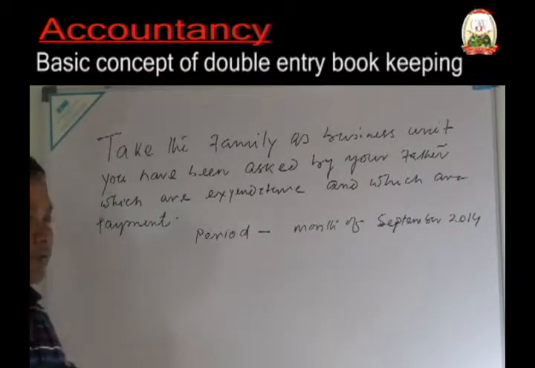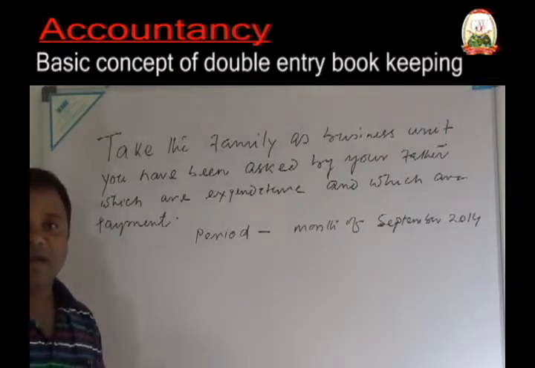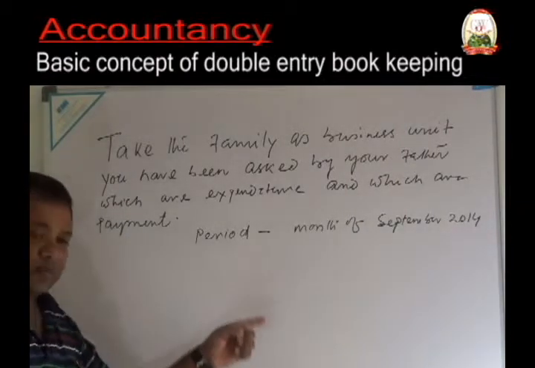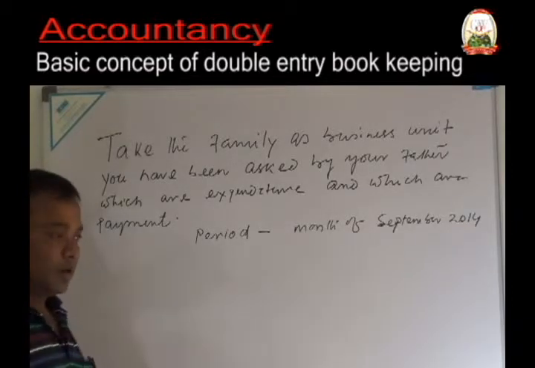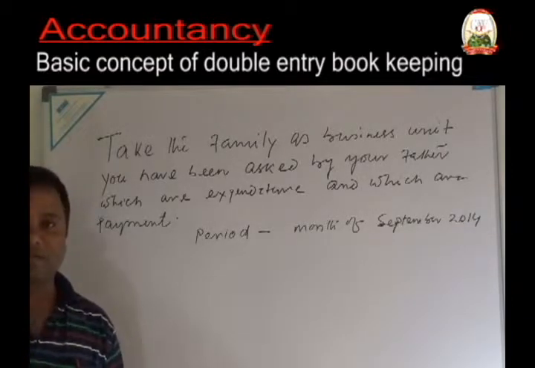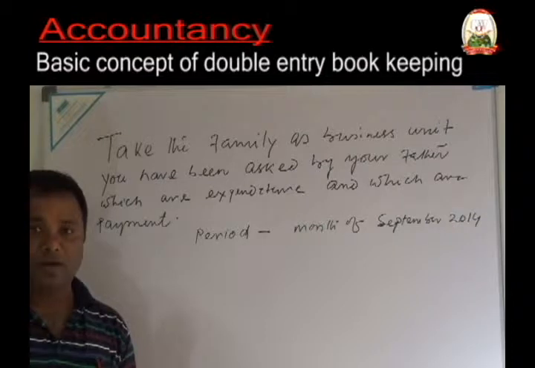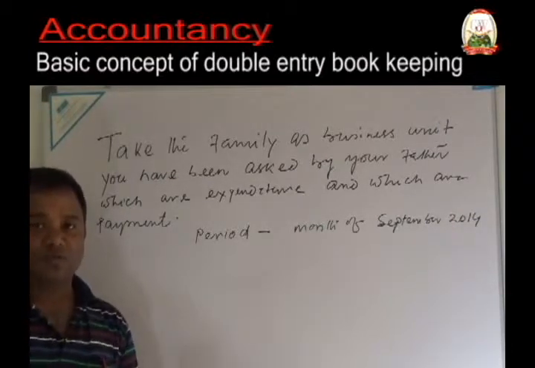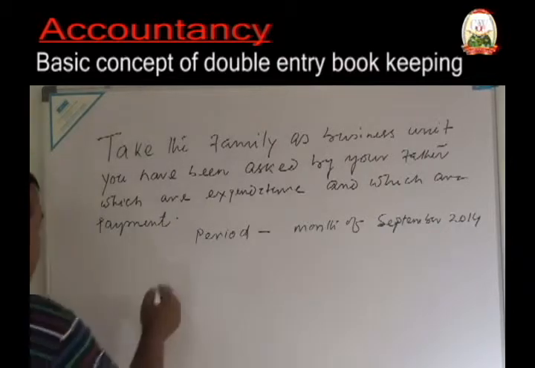Take the example of rent. You have been asked by your landlord to pay 2 months rent, suppose for the month of September as well as October. You are standing in the month of September.